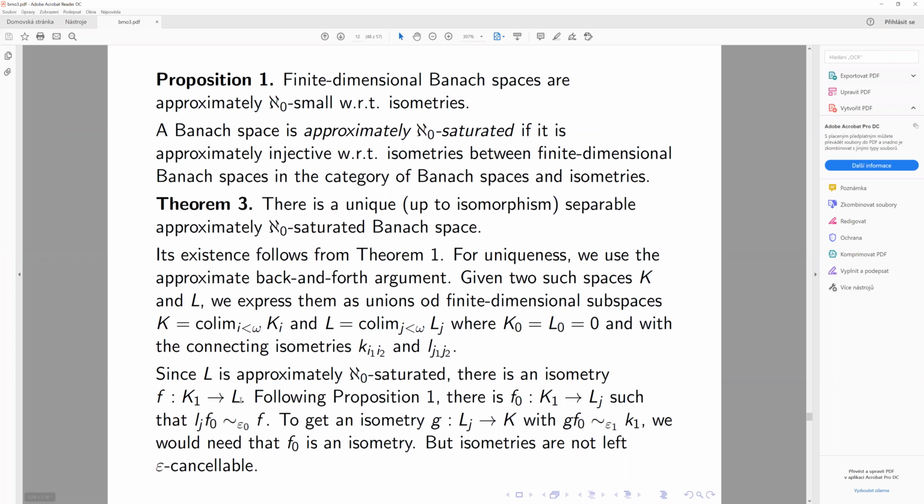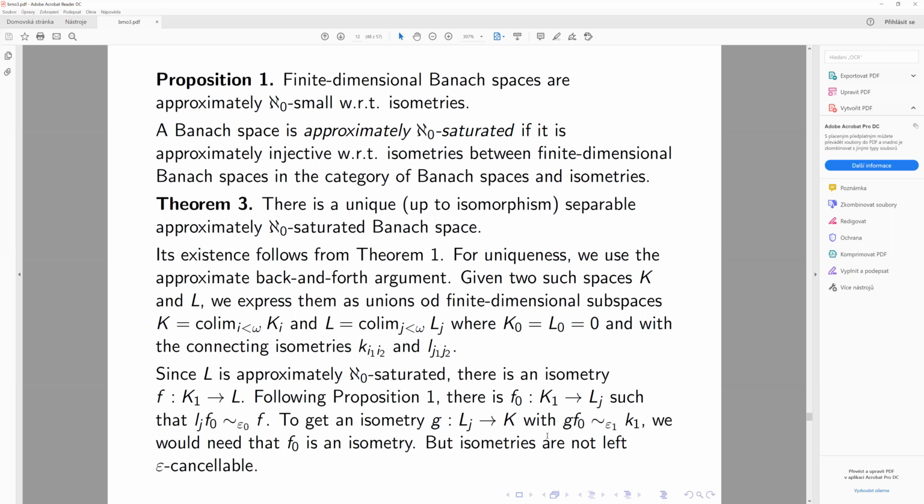And since it goes to L, I can factorize it through some Lj up to some epsilon. That's like in the usual argument. But now I want to iterate it, because I would like to have this G from Lj to K and extend it again from Lj plus 1. But for that, I would need this induced thing to be an isometry.